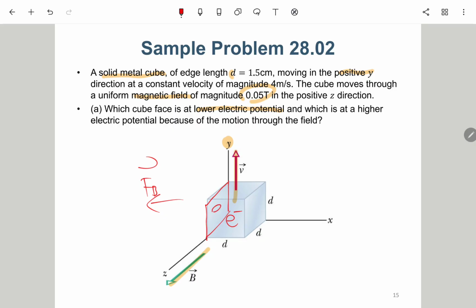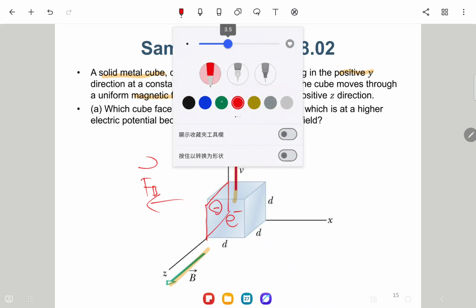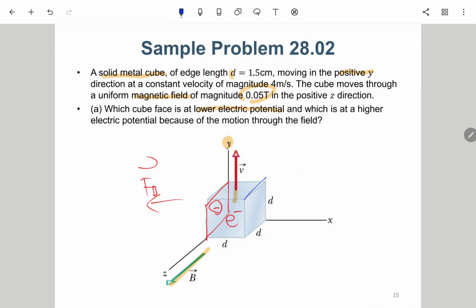are concentrated on the left side, and conversely, the right side will have a positive charge.